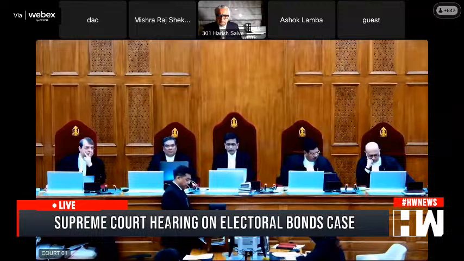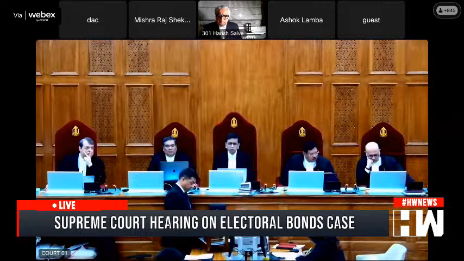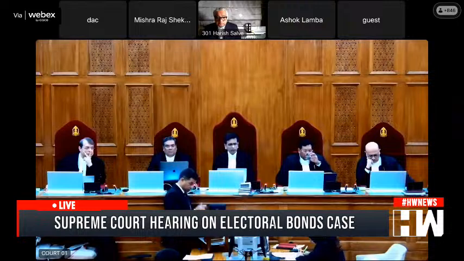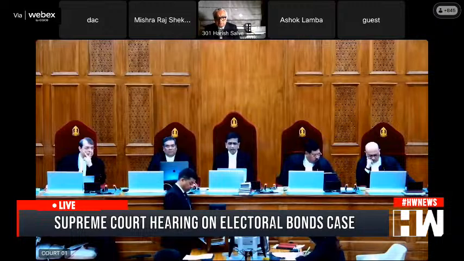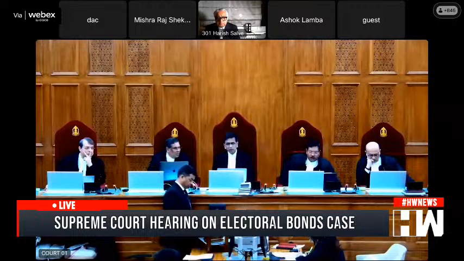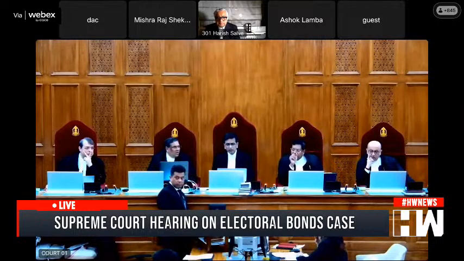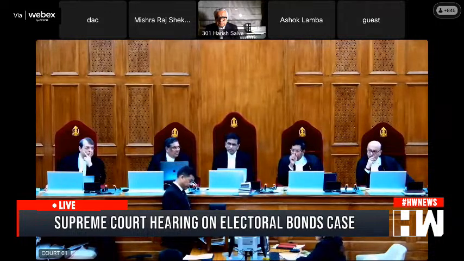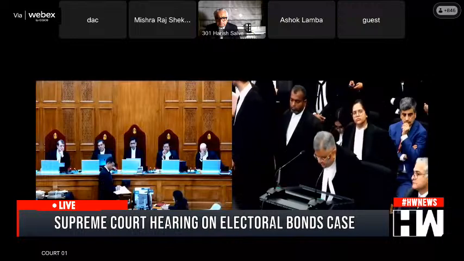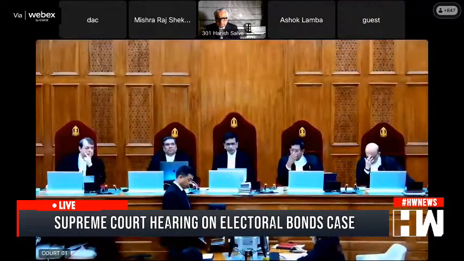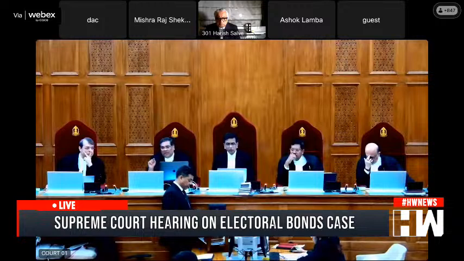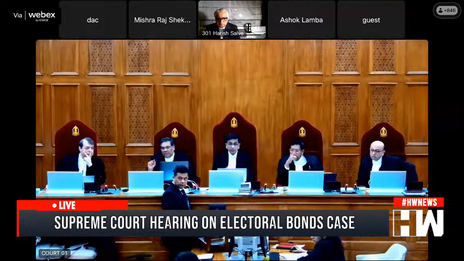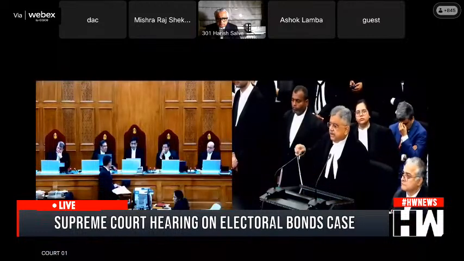The current account could be opened by the political party only in 4 authorized branches in Chennai, Kolkata, Mumbai, and New Delhi. There are 29 designated branches. They're in the 4 cities or other places also? No, all over the country.